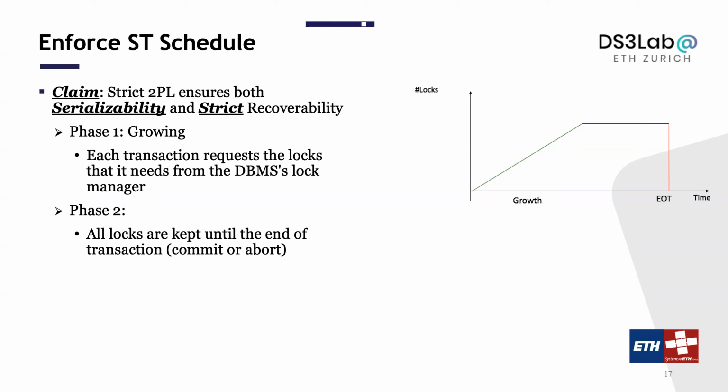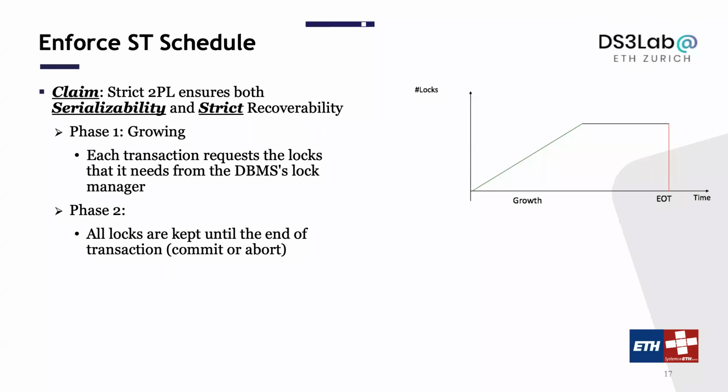Let's refresh our memory about what strict two-phase locking is. It provides a discipline about when a transaction should acquire locks and when it should release locks, so it partitions the transaction into two phases. There's a growing phase, in which the transaction can only request locks from the lock manager, and it's going to keep all the locks until the end of the transaction, either commit or abort, doesn't matter.